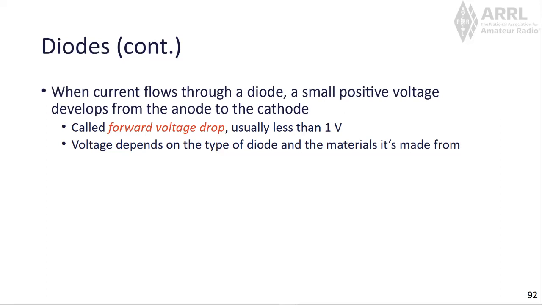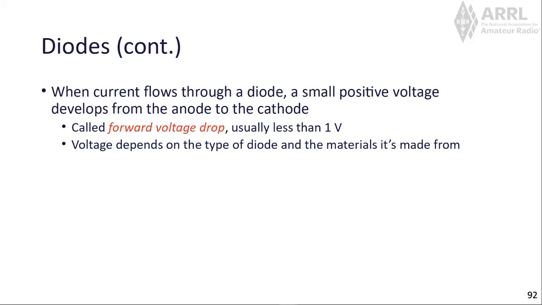The most common silicon type diodes have about 0.6 volts of forward voltage drop. And that's just an atomic level thing. It takes a certain amount of voltage pushing a certain amount of pressure before the current will start to flow. And like I said, it has to jump that 0.6 volt.